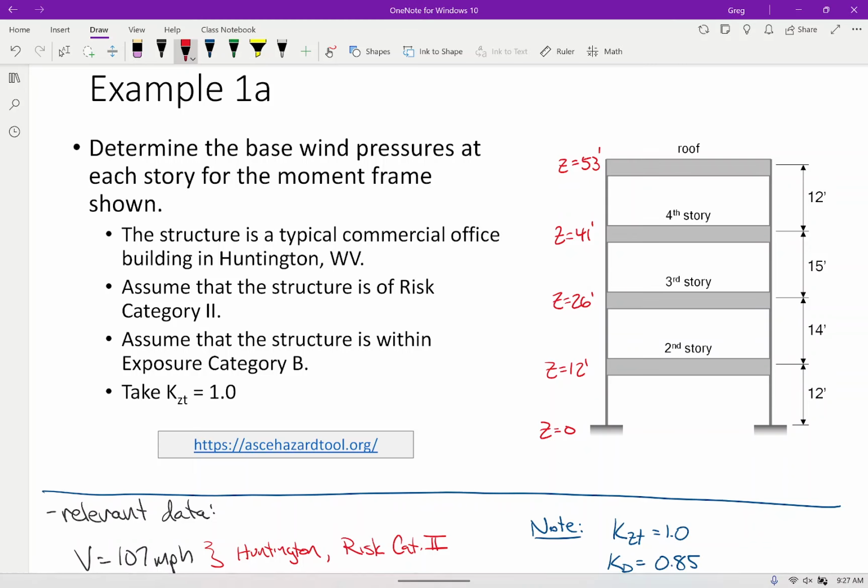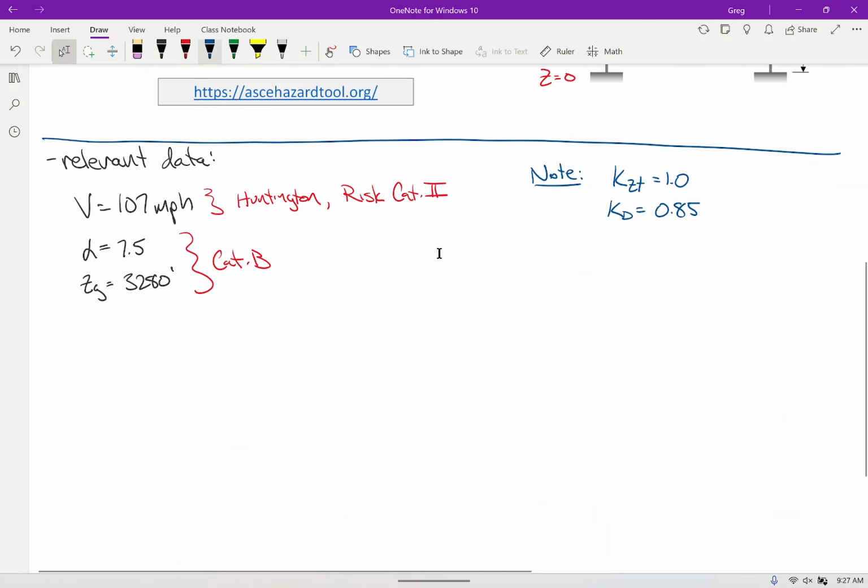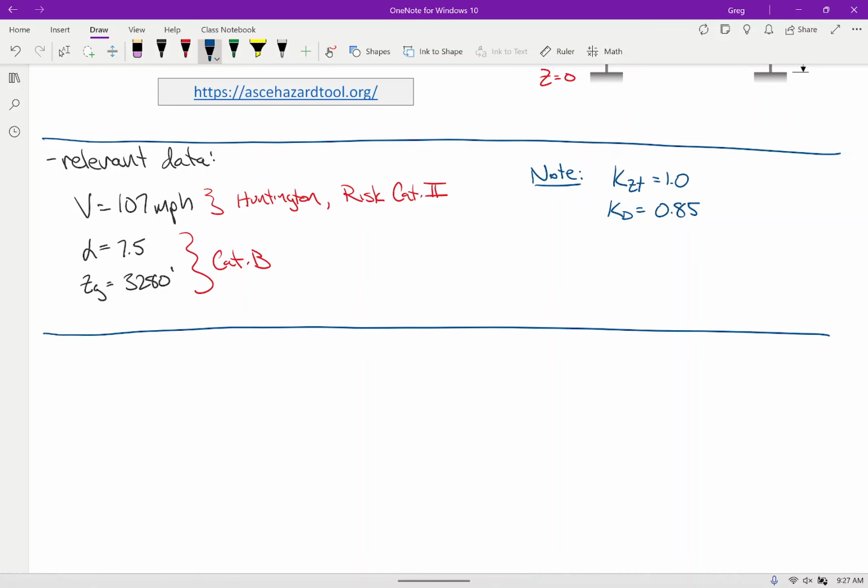The top. Okay, we'll pick the top. Okay, let's consider z equals 53 feet.